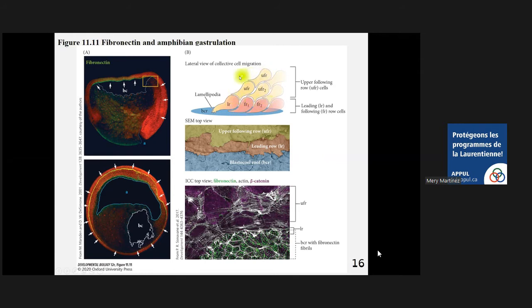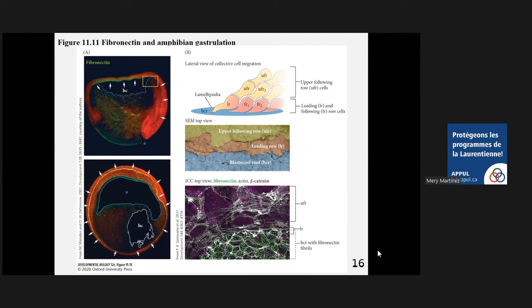So this is all this section here. This is the upper following row of cells moving, okay? And this is the lamellipodia that they create, a connection and destroy the connection so that the cells can lead and start moving all around, okay?